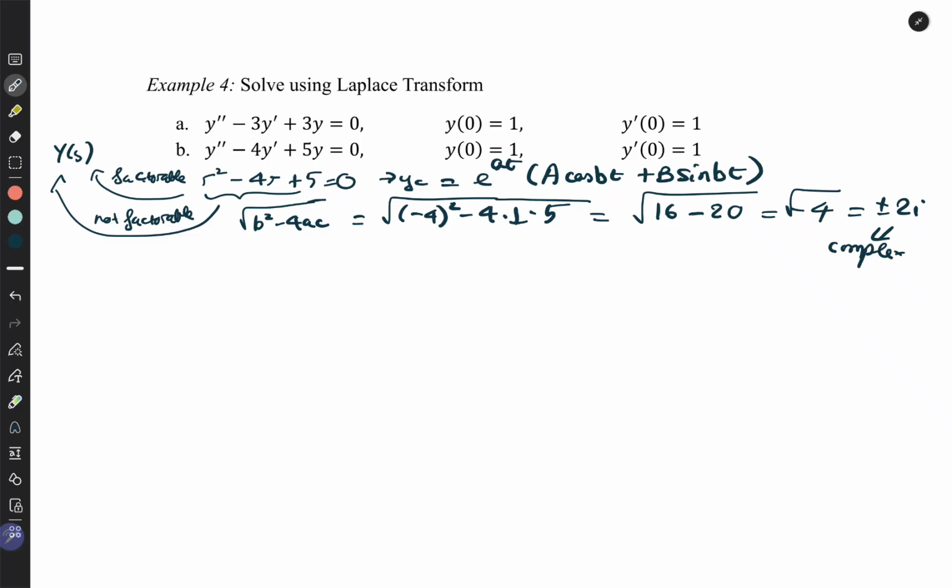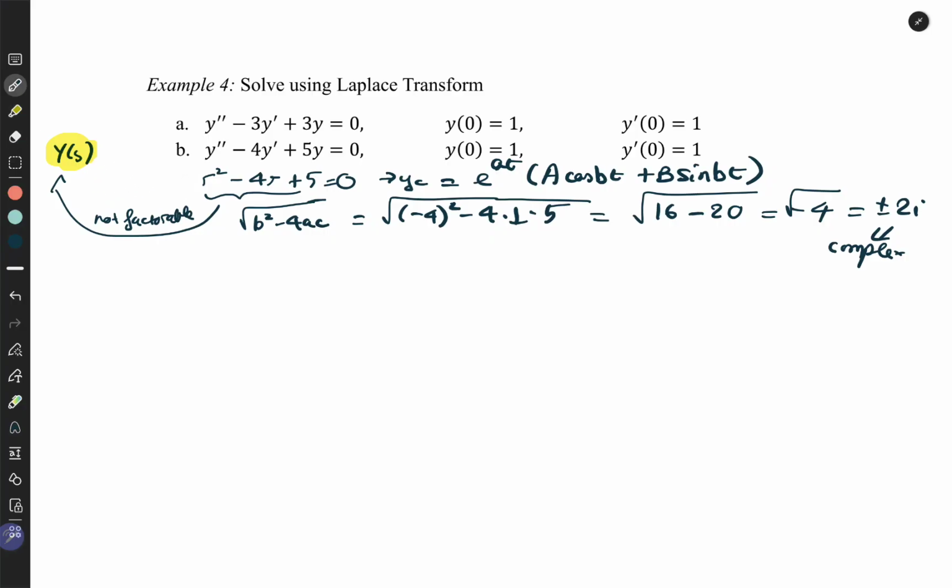When we have complex roots, we're going to have that. Because the characteristic equation gives you something complex, that means not factorable, therefore when you solve for Y(s), it's going to be not factorable, which is this case.